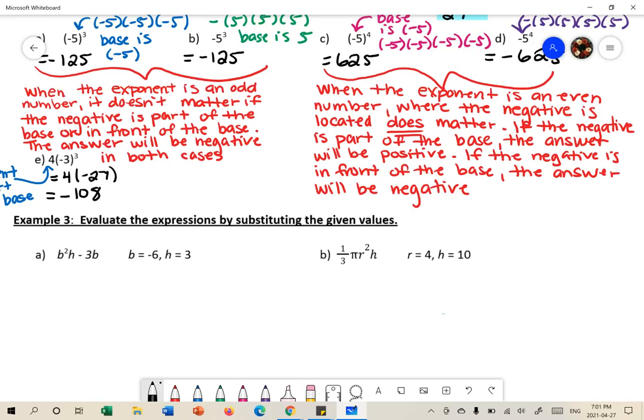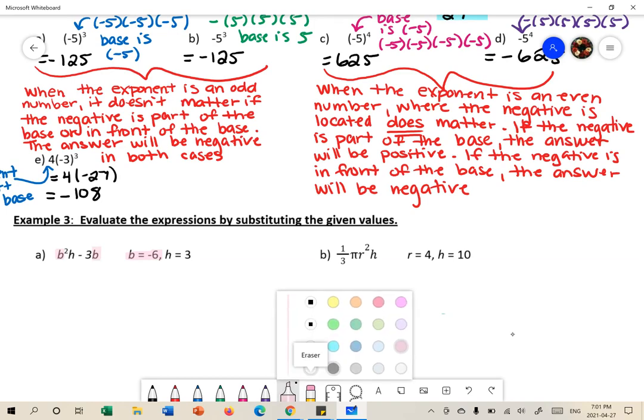Next, we are going to evaluate expressions by substituting given values. We have a value of -6 for b. So wherever I see variable b, I'm going to substitute -6. And then h has a value of 3. Variable h will be substituted with value 3.